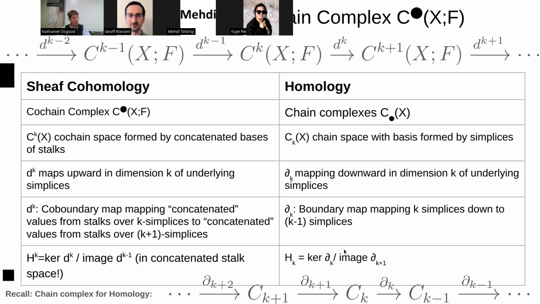That's what we had for chain complexes. The chain space here had bases, so we had vectors with one entry for each of the k-simplices.